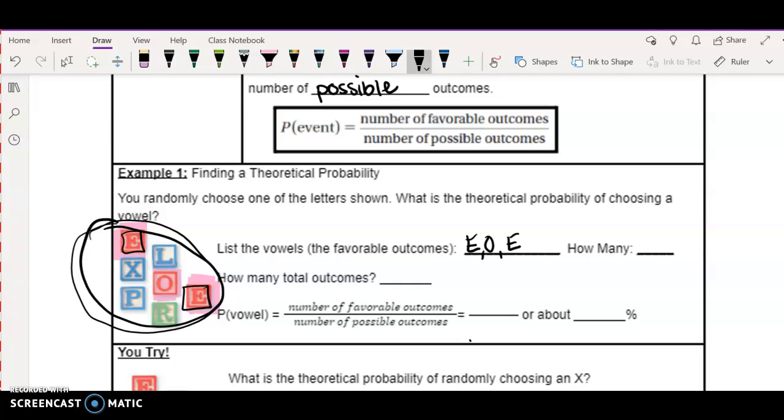So I could either pick this one or I could choose this one. They're two different blocks. So that means that I have 3 total vowels. I have E, E, and O.